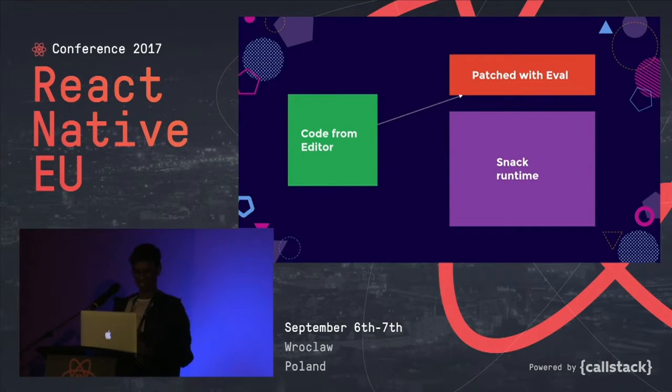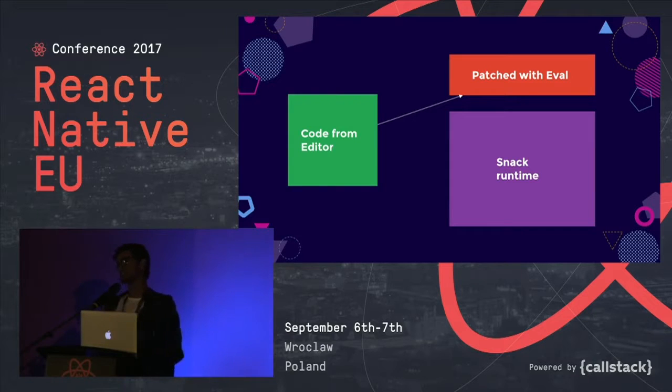So what happens is when you type something in the code editor, it sends the code by a pub/sub library to the app. Then the app evals the code and displays it. We'll see how it is done. So when you change something, it sends new code, and the app evals it again and displays it again.